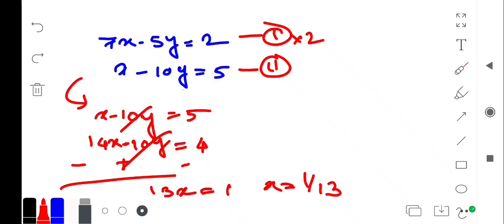Okay, now put the value of x. 1 by 13 minus 10y equal to 5.